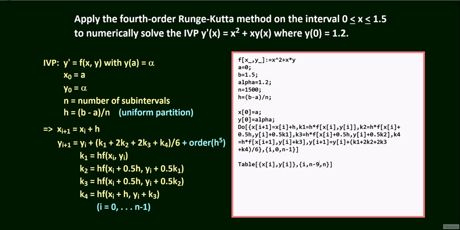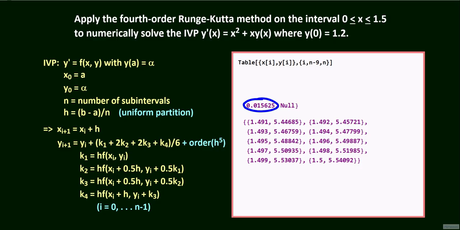In addition, and just out of curiosity, we apply the Timing command of Mathematica to see how long it takes to determine all the points as the software executes the Do loop. So after the Do loop, we type //Timing, and we execute the code. This is how long it took in seconds for the software to determine all the points. The word Null appears because the Do loop command has no on-screen output.